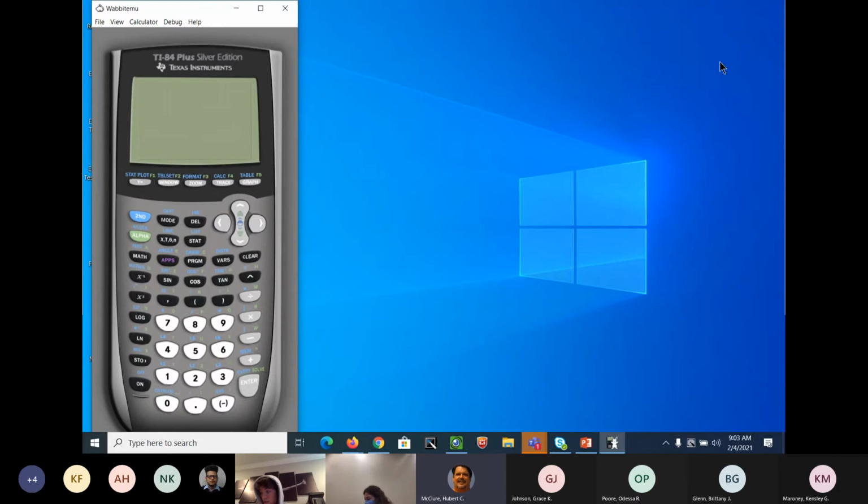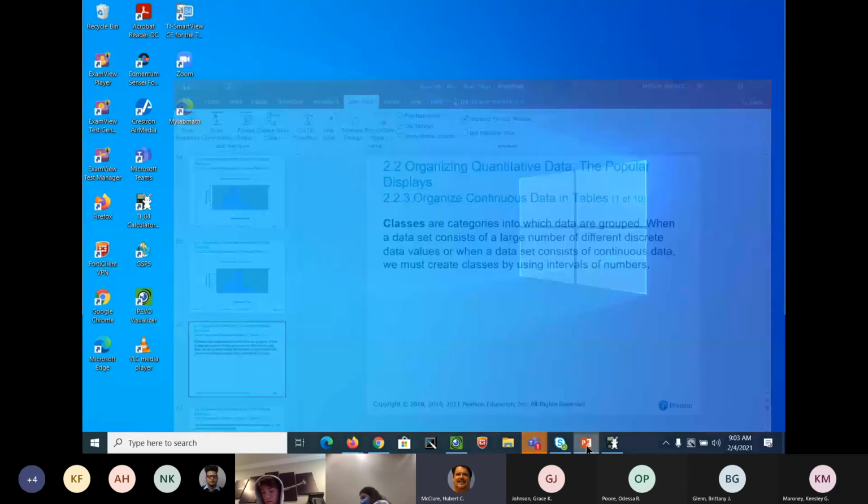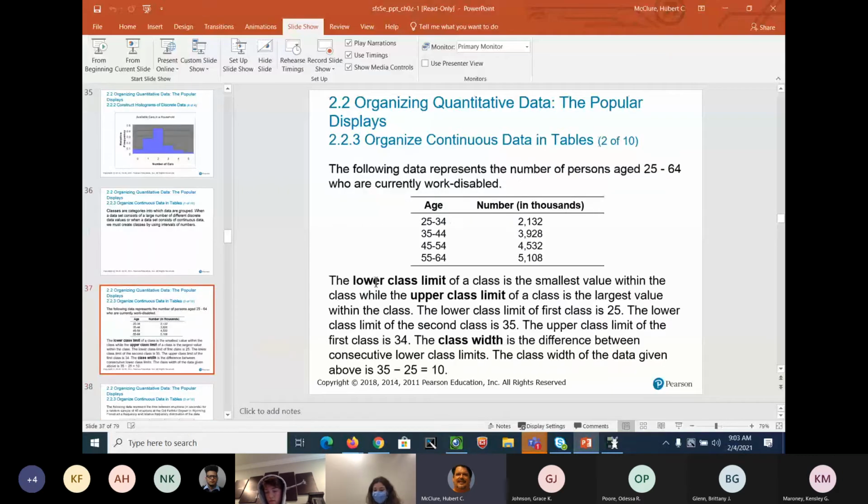All right, let's go back to the slides. Because we just did basically all of 2.2 except for the little bitty stuff. And here, lower class limit, upper class limit, class width, 35 minus 25 is 10.